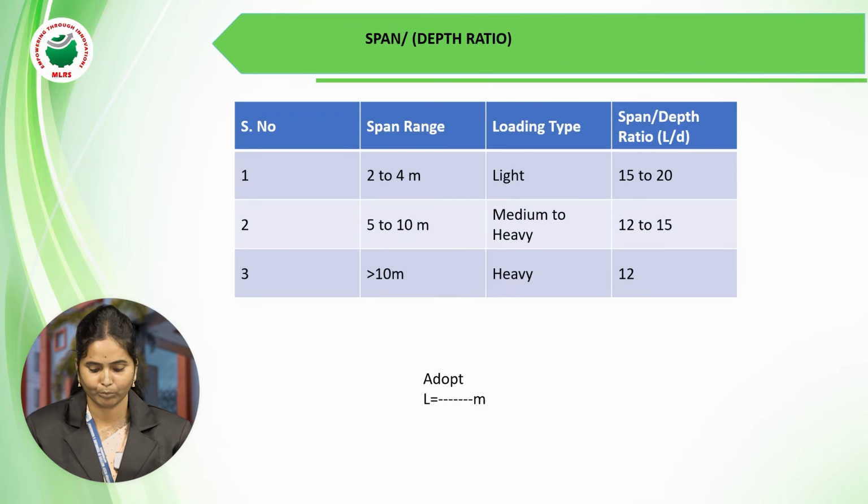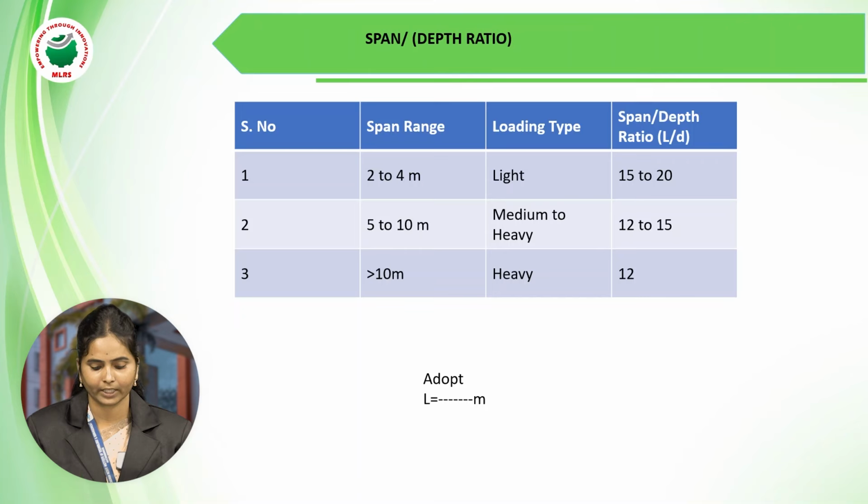This is the table. According to the beam, we have to take the span by depth ratio values: serial number, span range, loading type, span by depth ratio. If the span is 2 to 4 meters in the question, we take span by depth values of 15 to 20.